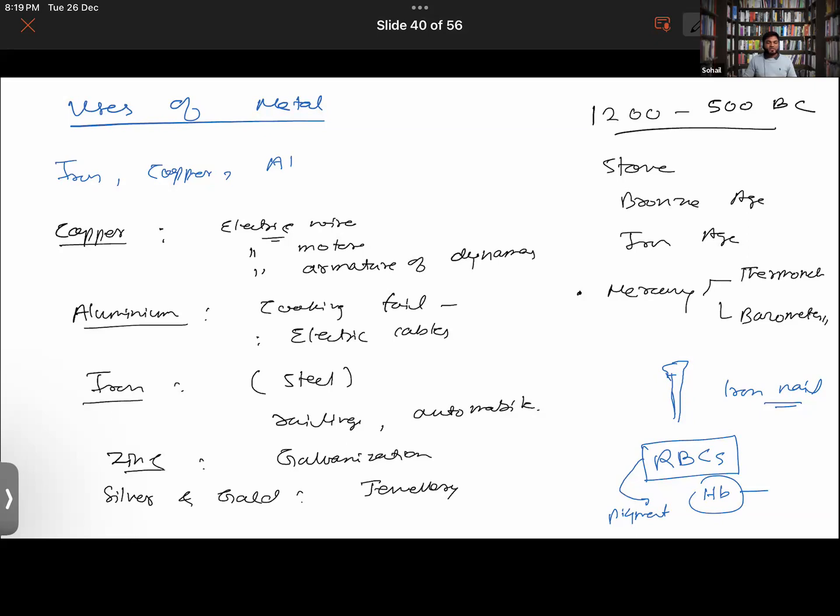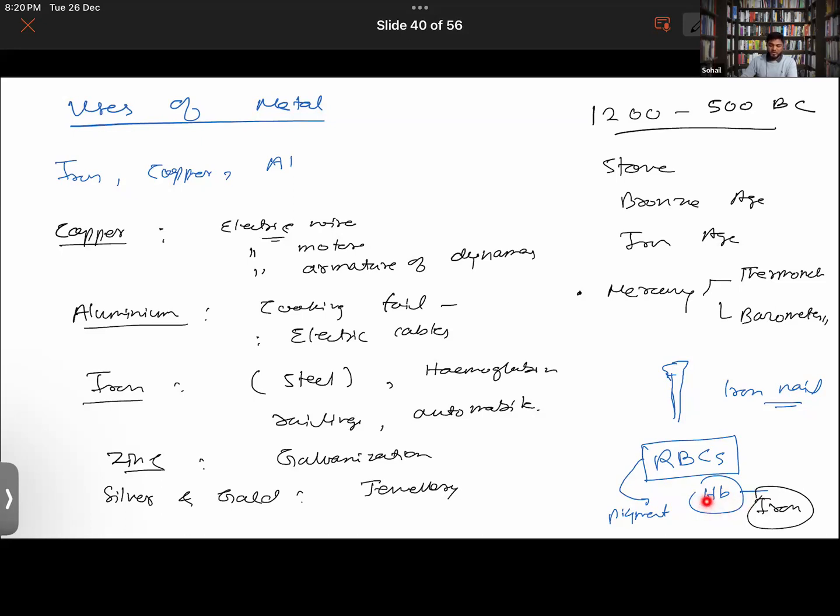So iron is present in this hemoglobin. Iron present hota hai. ठीक है ना? Where is iron present? It is present in hemoglobin. So, for example, suppose if there's a deficiency of iron in the body of the person, then there will be lesser hemoglobin in the blood of the person, right?